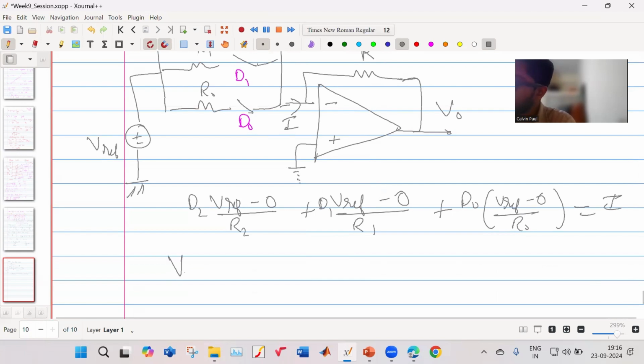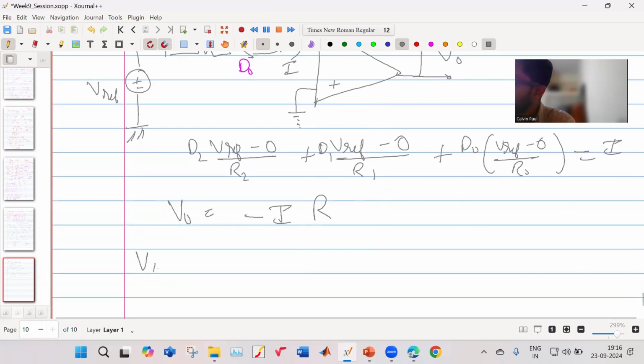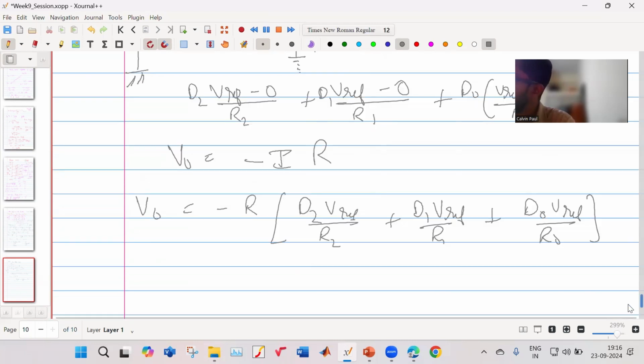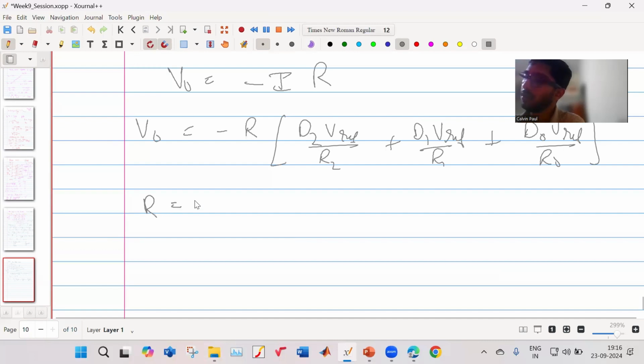And what is your V0? Your V0 is equal to minus I into R. So your V0 is actually minus R times D2 Vref by R2 plus D1 Vref by R1 plus D0 Vref by R0. What we do is we make R0 equal to 8R, R1 is equal to 4R, R2 is equal to 2R.